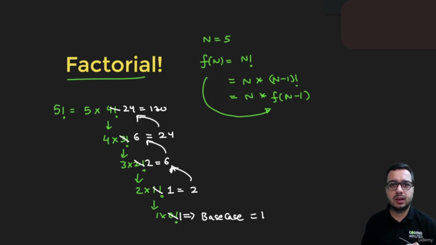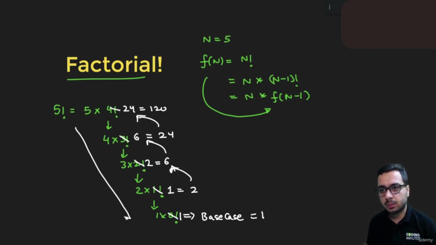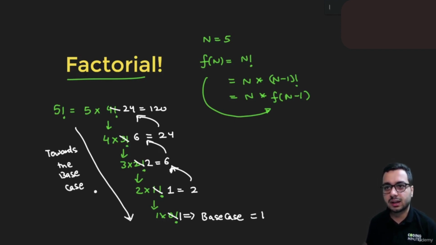So when we are dealing with recursion, we will see two directions. In one direction, we are breaking the problem and simplifying it, so we are moving towards the base case. And in another direction, we are coming back from the base case towards the main problem.